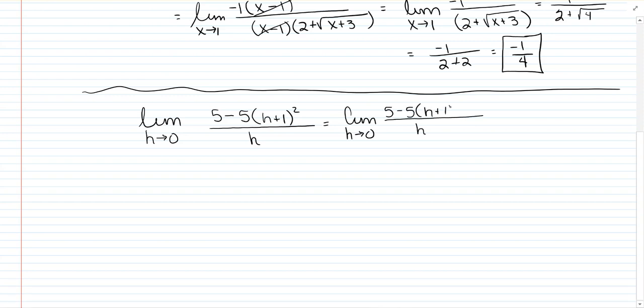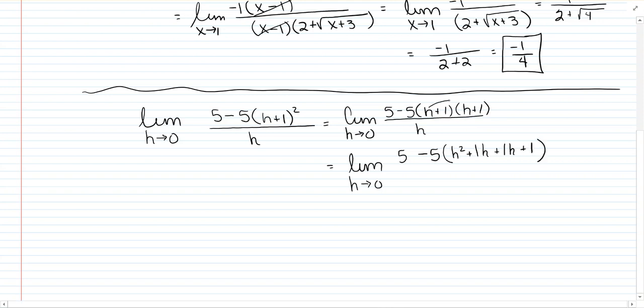h plus 1 out. All right, so this is going to take a little bit of work. 5 minus 5, and now I'm going to FOIL, so I'm going to put it in parentheses, FOIL this out. H squared plus 1h plus 1h plus 1. That's first, outside, inside, last.